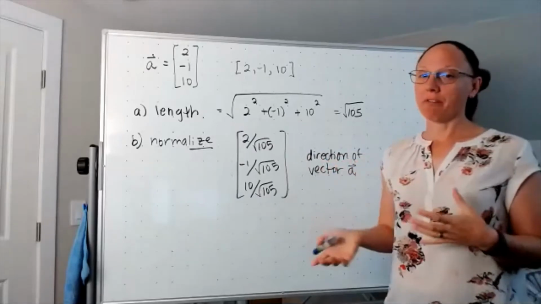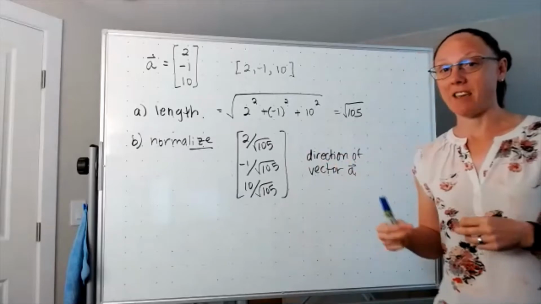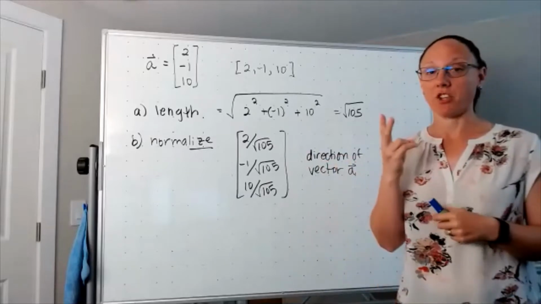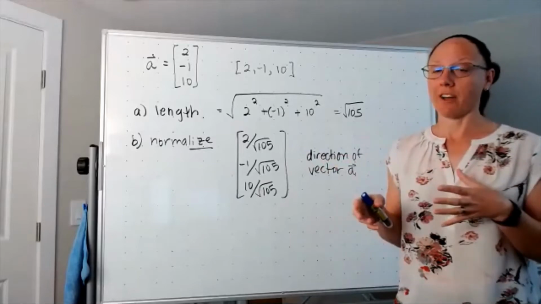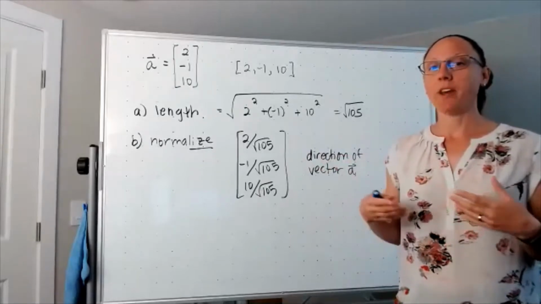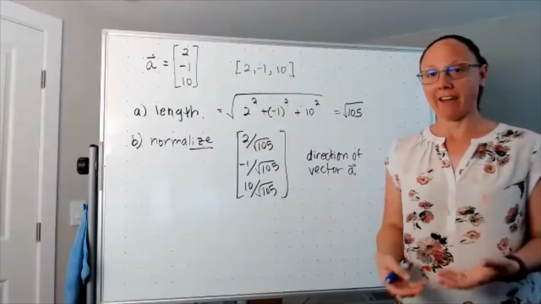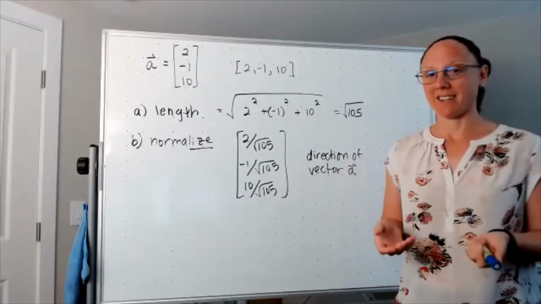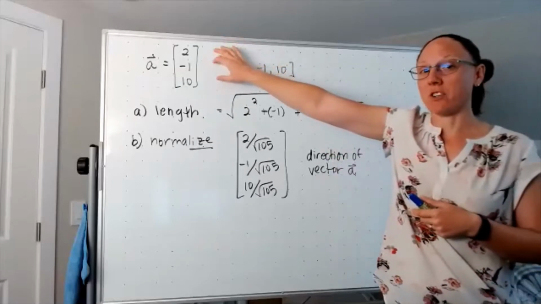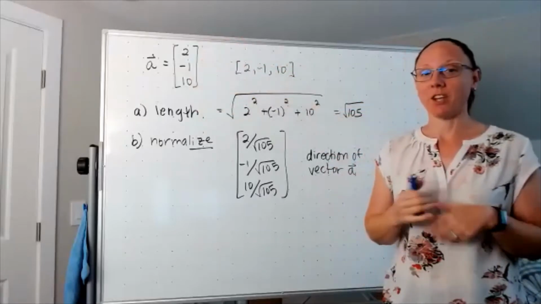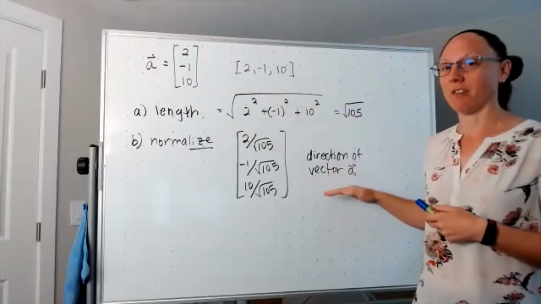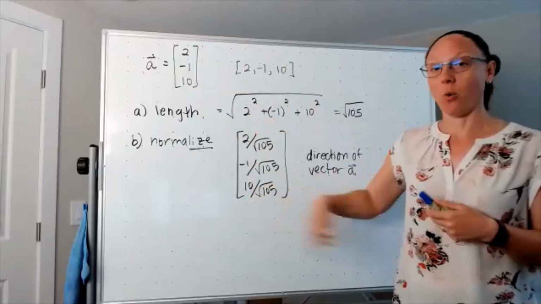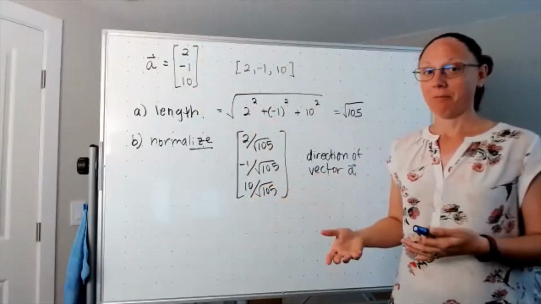There are 2 different ways that we can conceive of direction. When we're talking about vectors that only have 2 components, where we're really just talking about an X and a Y, we often give the direction as an angle, perhaps in reference to the X axis. But when we talk about vectors that have 3 components, we typically give the direction of the vector as the normalized vector, or the unit vector.